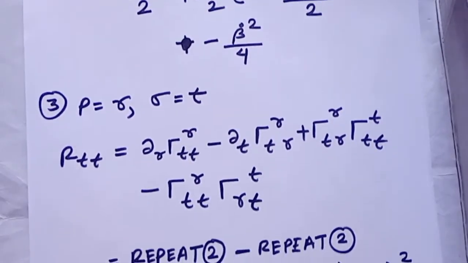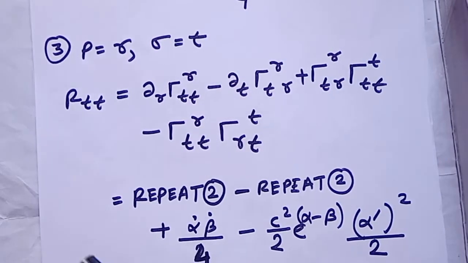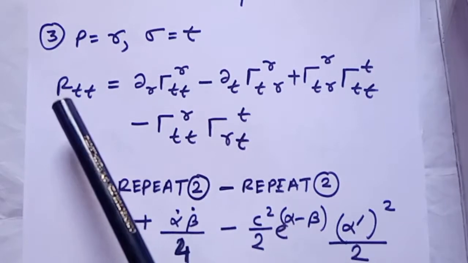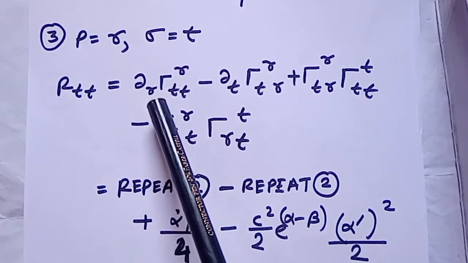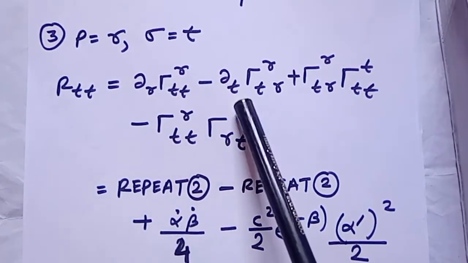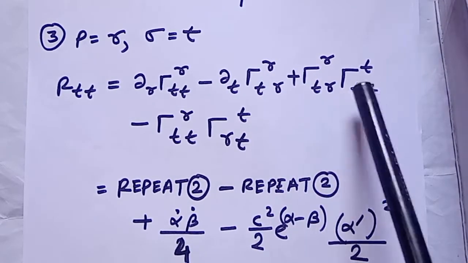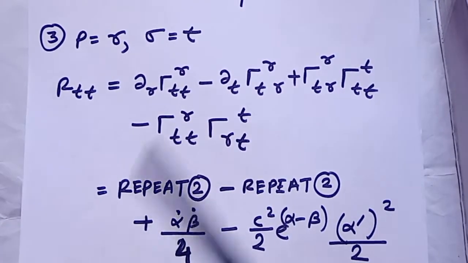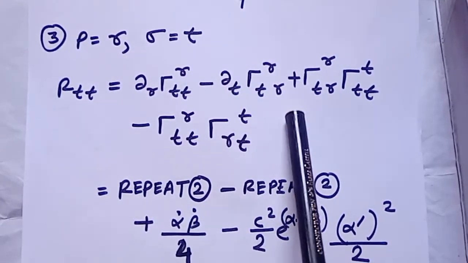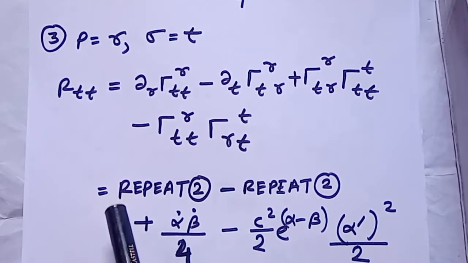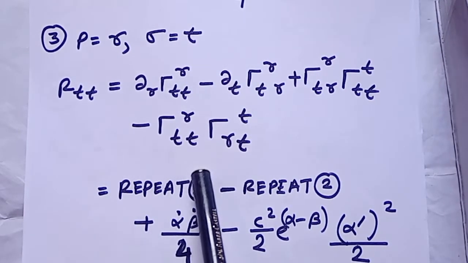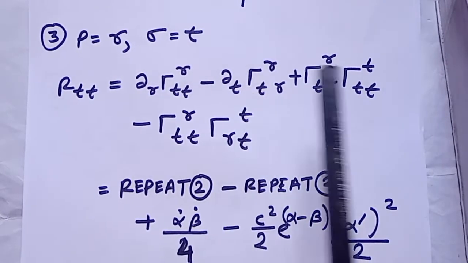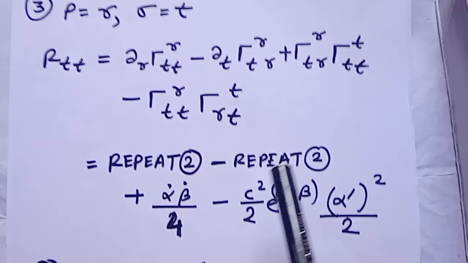Now another combination, rho equal to r and sigma equal to t, for R_tt. We have del_r Gamma^r_tt minus del_t Gamma^r_tr plus Gamma^r_tr Gamma^t_tt minus Gamma^r_tt Gamma^t_rt. Now two of these terms repeat from the second combination, but these other two terms do not repeat.